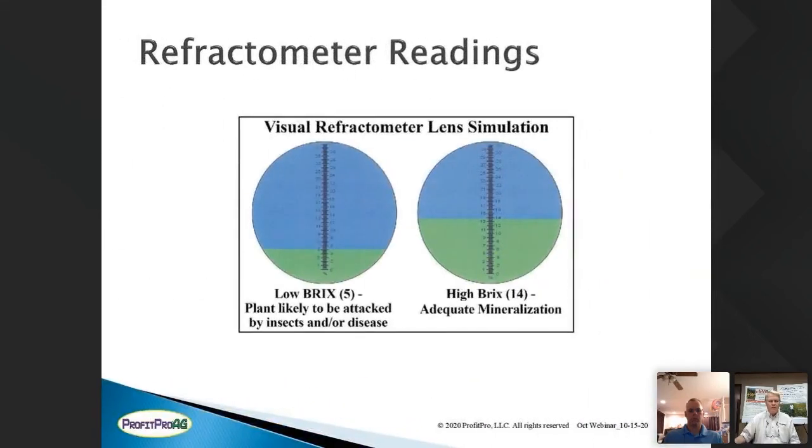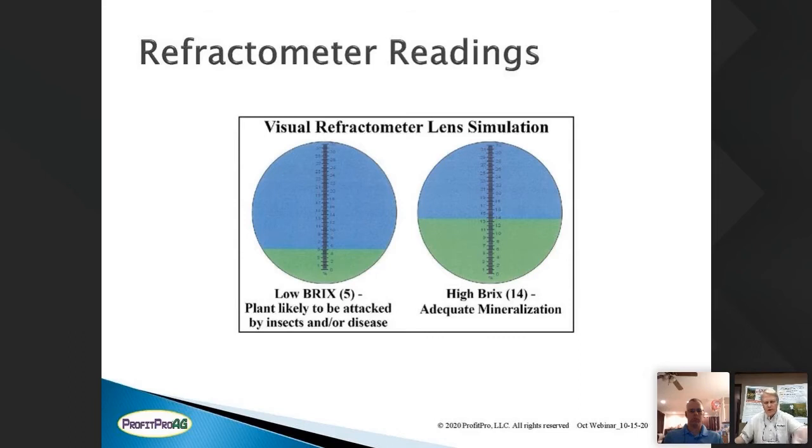So when we look into this, you see the one on the left here, a BRIC of 5. This plant is going to be attacked by insects and diseases like you wouldn't believe. It's probably going to prematurely die. This one over on the right shows a BRIC level of 14. And this is what you see when you look through the manual refractometer.